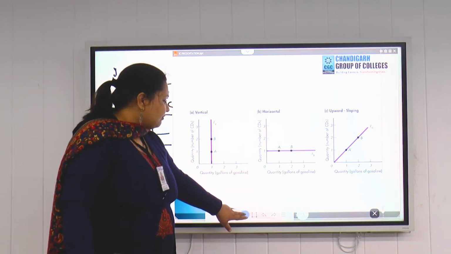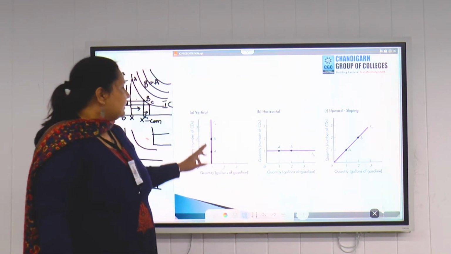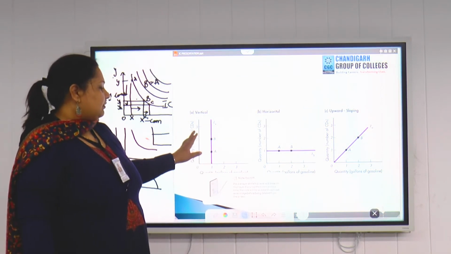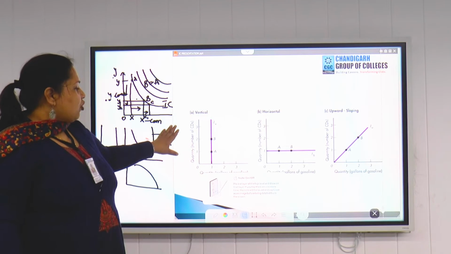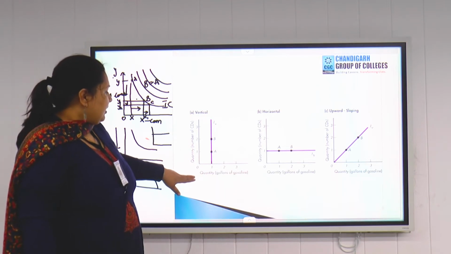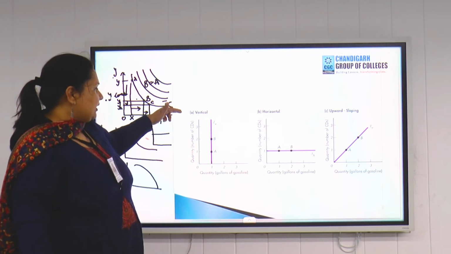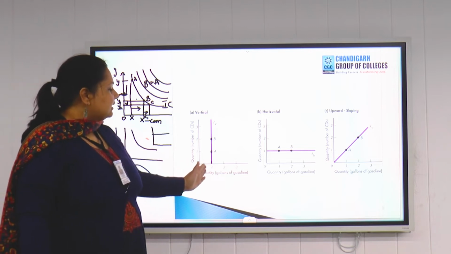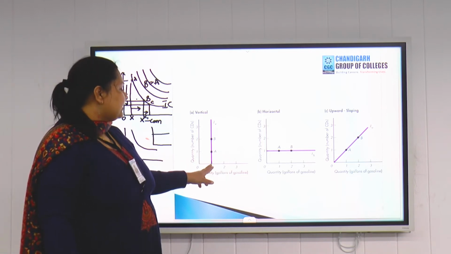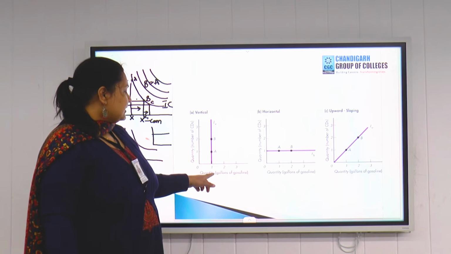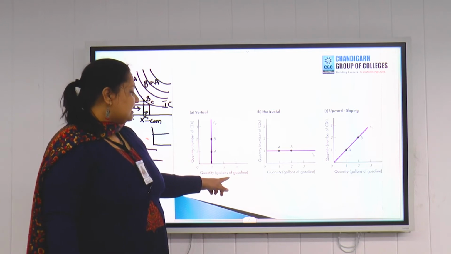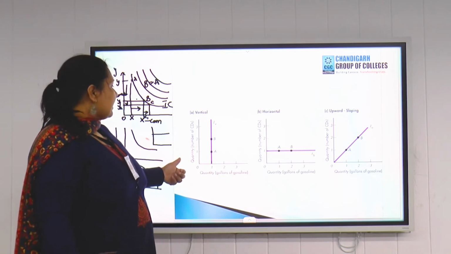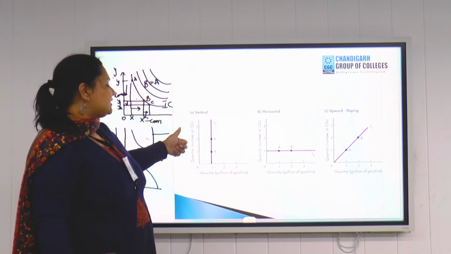Right? Now if indifference curve is vertical, then why is this wrong? Because here we are increasing the quantity of one commodity and the quantity of another commodity is constant. Like here is the quantity of gallons of gasoline, and here I have taken the number of CDs.